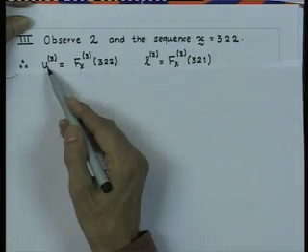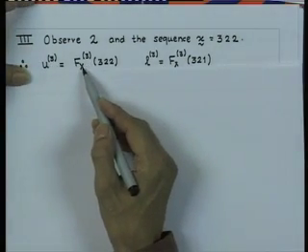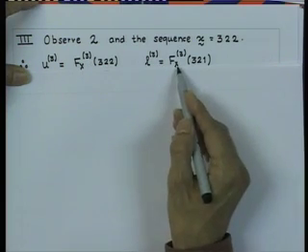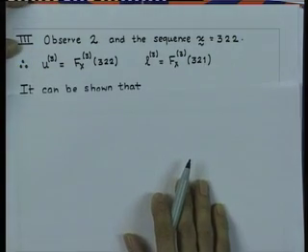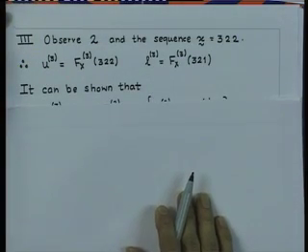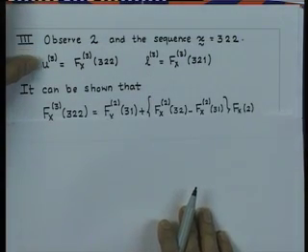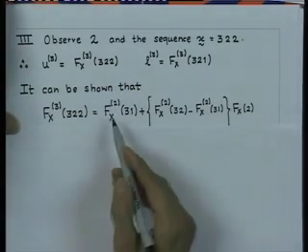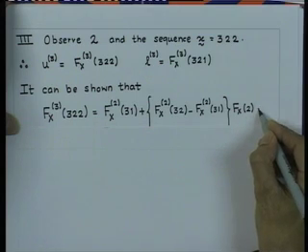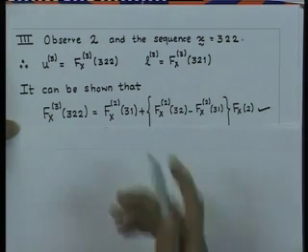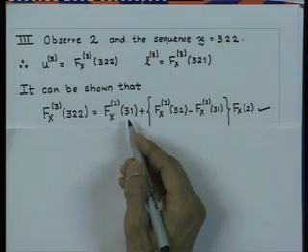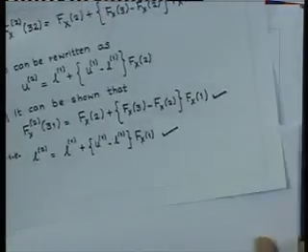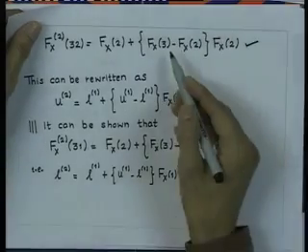That will be given by U3, that is by definition nothing but fx3 3 2 2, and L3 is fx3 3 2 1. Now, it can be shown that fx3 3 2 2 is given by this expression. It is not very difficult to see the relationship between this and what we saw earlier here.